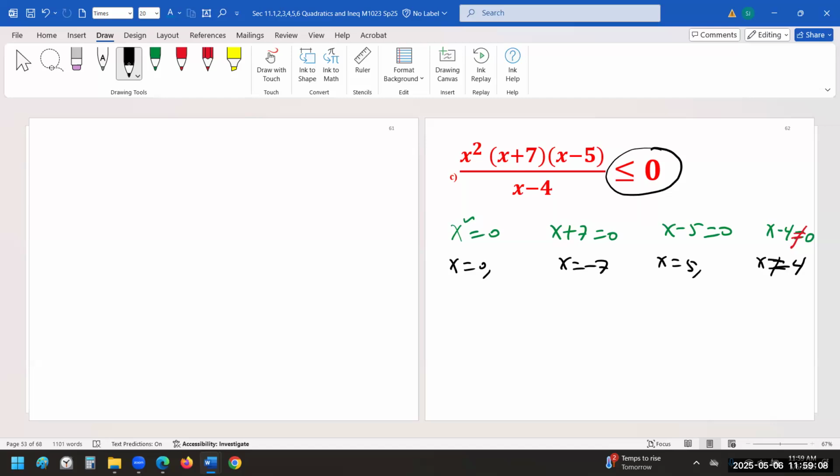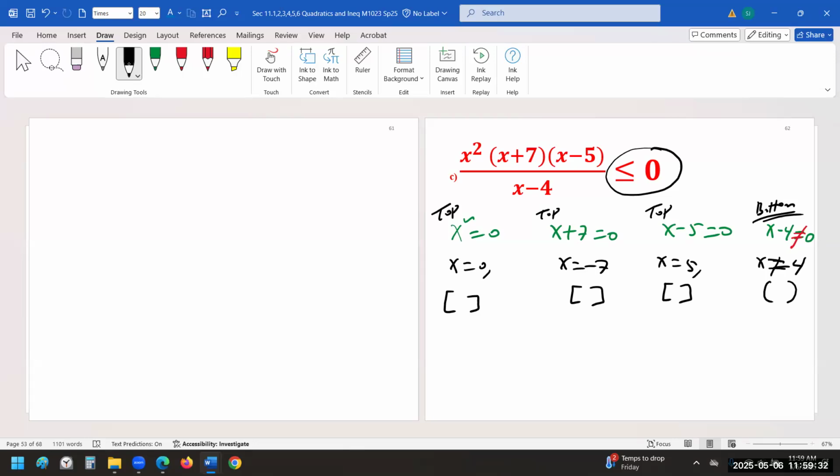Bracket or parentheses? Bracket. So this is from the top, this is from the top, this is from the top, and this is from the bottom, the denominator. So this will have bracket, this will have bracket, this will have bracket, but if your solution has a 4, it has to have a parenthesis because it's from the denominator.